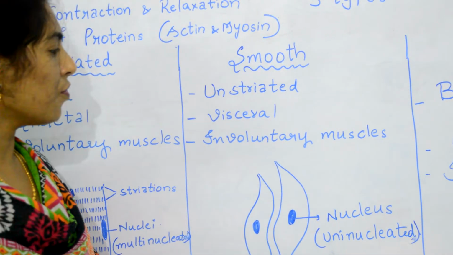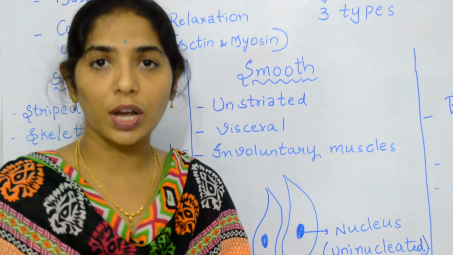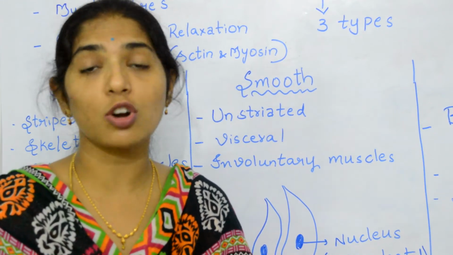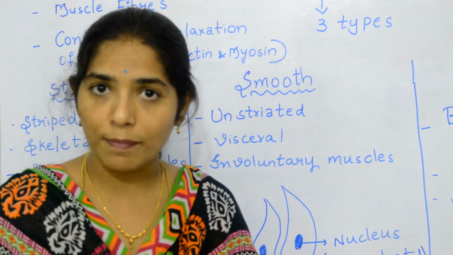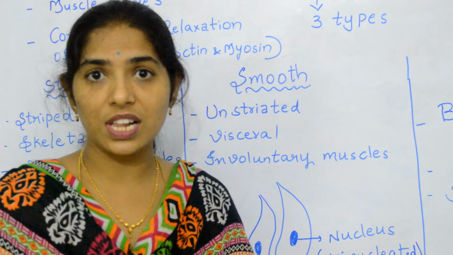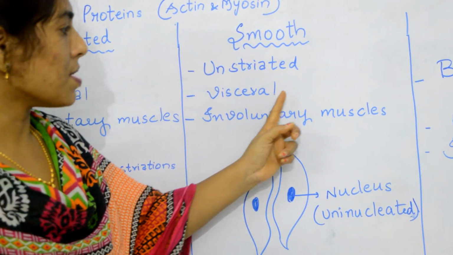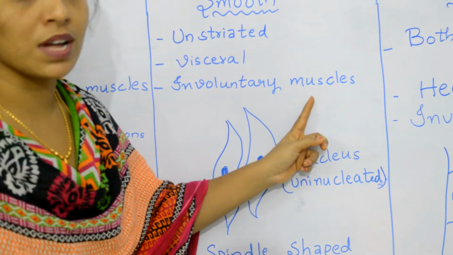And then coming to visceral, why are we calling it visceral muscle? It is because these types of muscles are generally found in the tubular or hollow parts of our body, such as the intestine, stomach, urinogenital ducts, and blood vessels, etc. So we are calling them visceral muscles, and they are also called involuntary muscles.